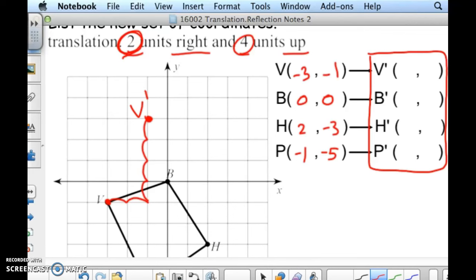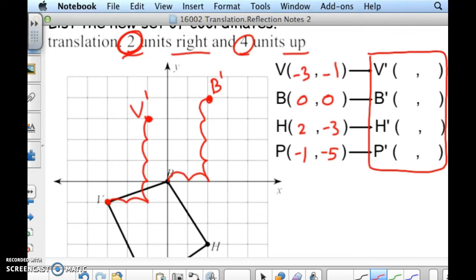Now you must label each of these points. I now have the location of V prime. I'm going to do the exact same thing with each point. I'm going to start at B, and I'm going to go 2 units to the right, 1, 2, and then 4 units up, 1, 2, 3, 4. This location is now B prime, because it's where I moved B to.